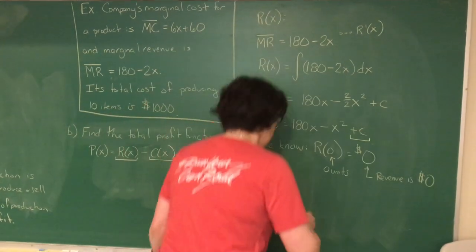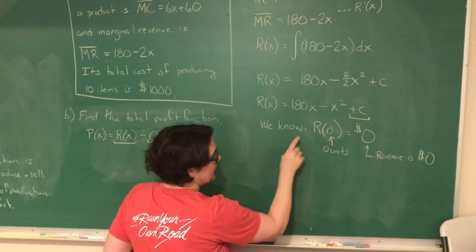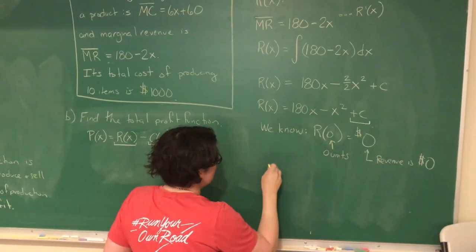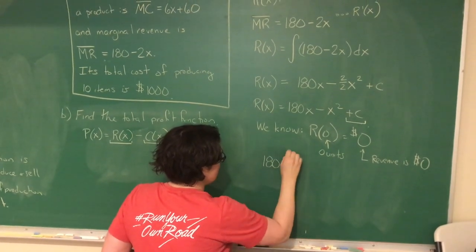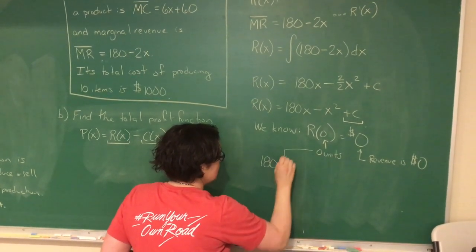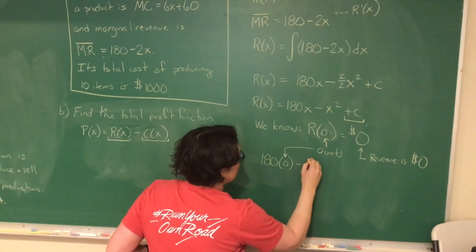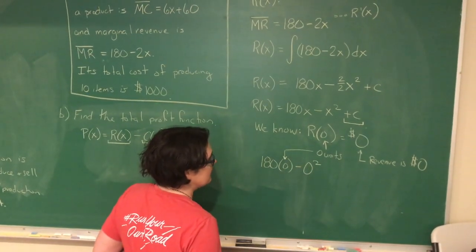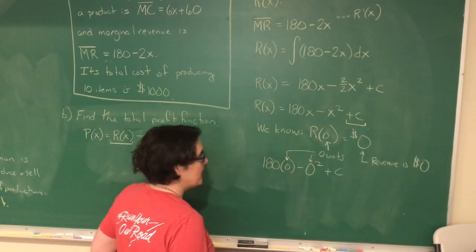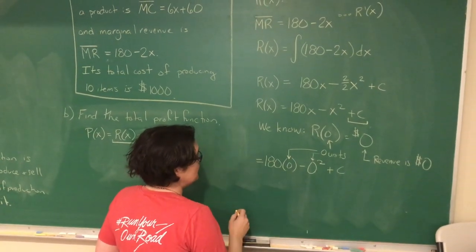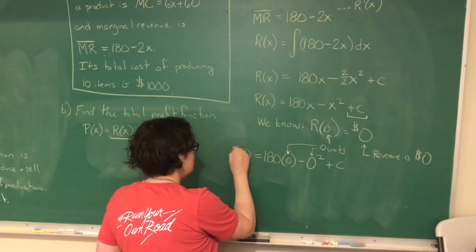So I know that if I plug in 0, meaning 0 units, I have 180 times 0, that's 0 units, minus 0 squared, that's 0 units squared, plus C, that should be equal to $0.